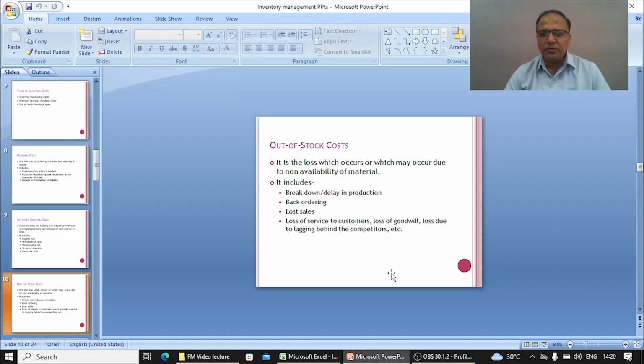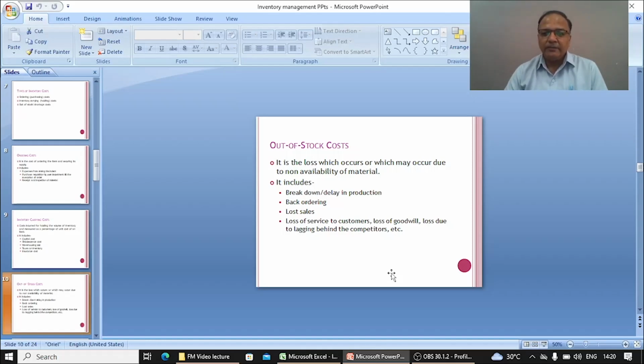So it's not possible to quantify this cost. It is a hidden cost, but it dents the organization very sharply.